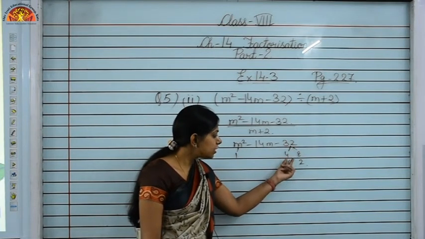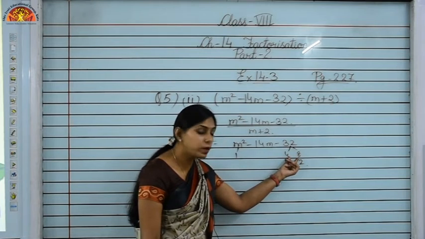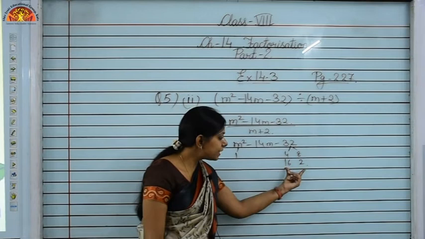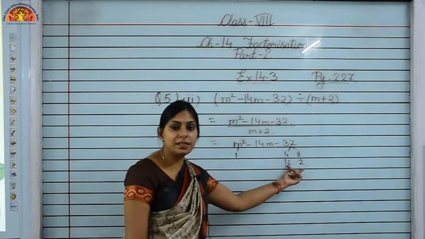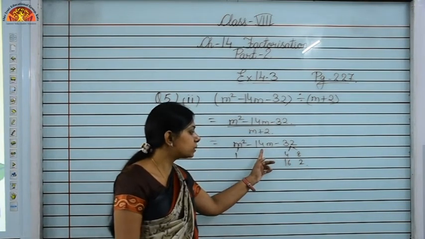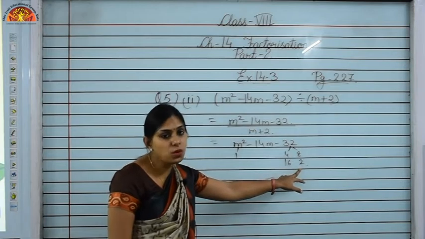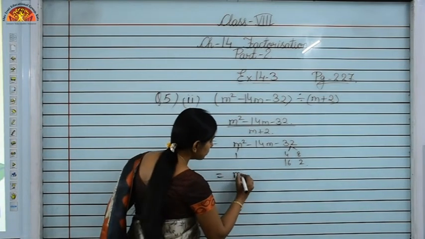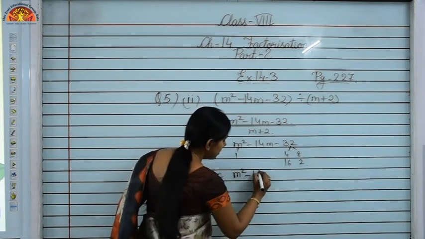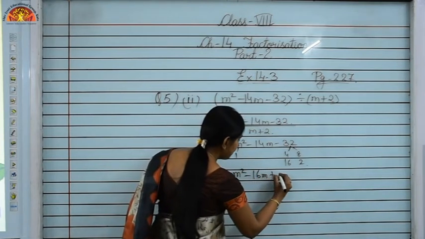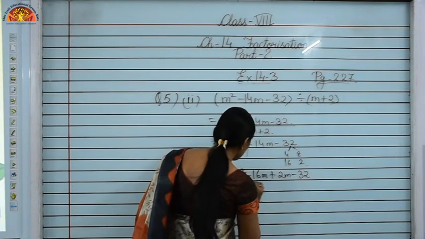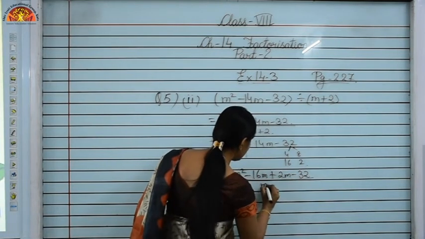So you can see if you are just adding or subtracting 4 and 8, it is not 14. But when you are taking this combination, that is 16 minus 2, it is coming 14, and 16 into 2 is also 32. So you can just adjust the sign as per the requirement. So m square minus 16m plus 2m minus 32 whole upon m plus 2.